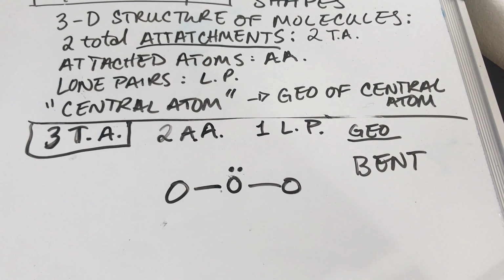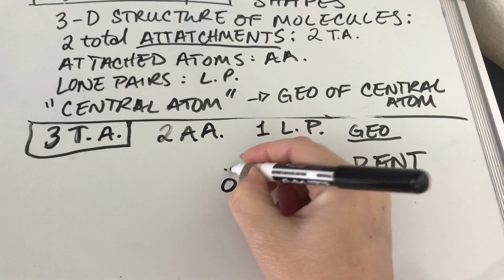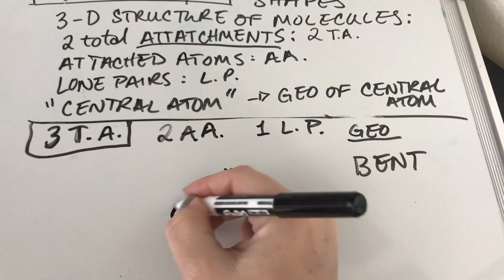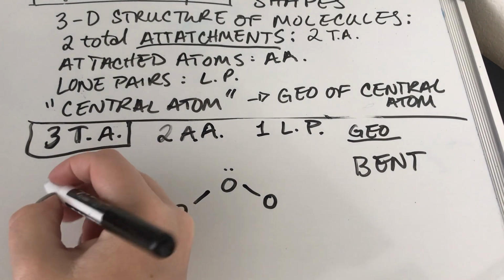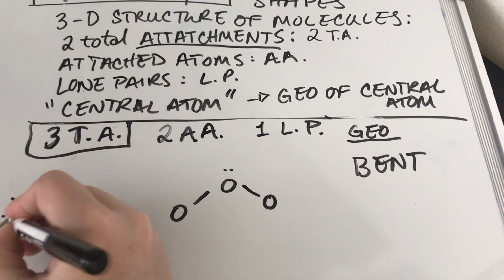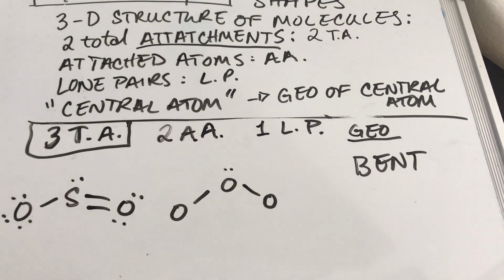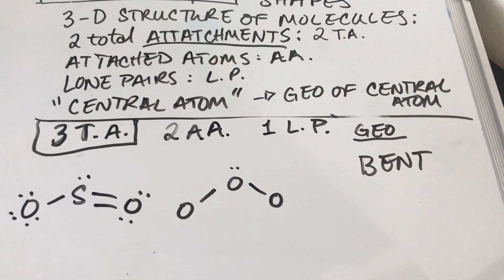So do you have to draw things 3-dimensionally? No, but I think it really helps. Does that make sense, guys? Okay, so an example of this would be sulfur dioxide.